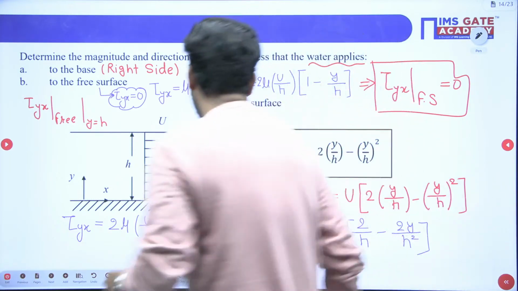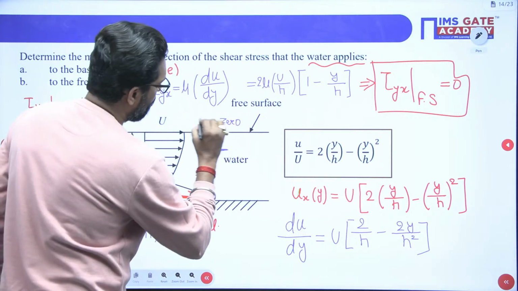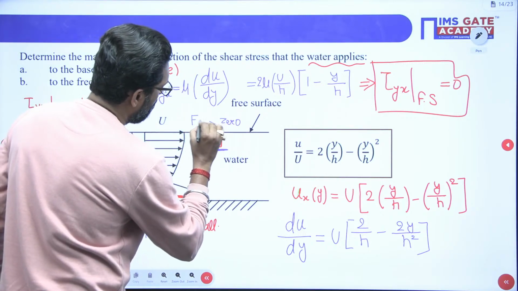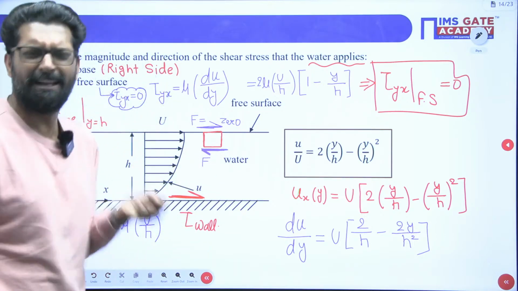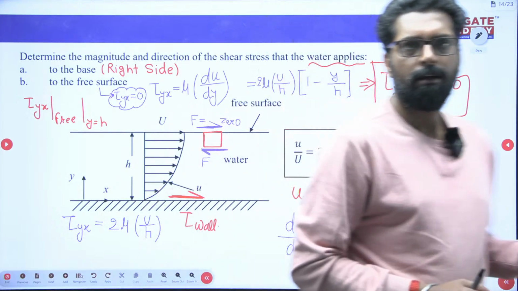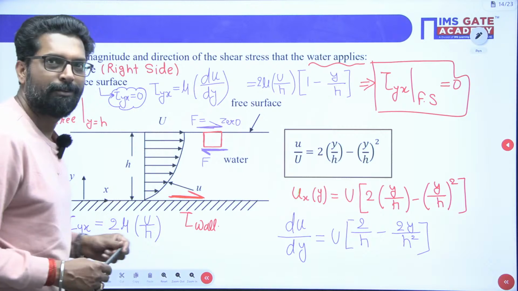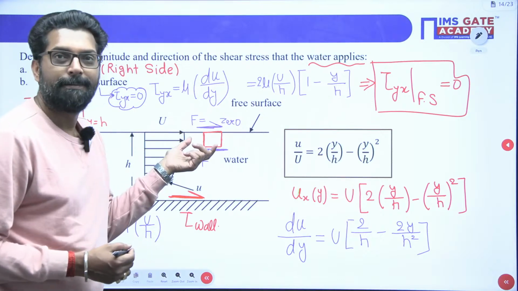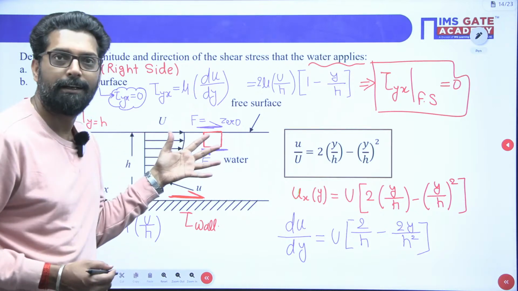This is, let's suppose, viscous shear stress F, and this F is 0. So whose force balances this force? It may be pressure. Why? Because this is horizontal.